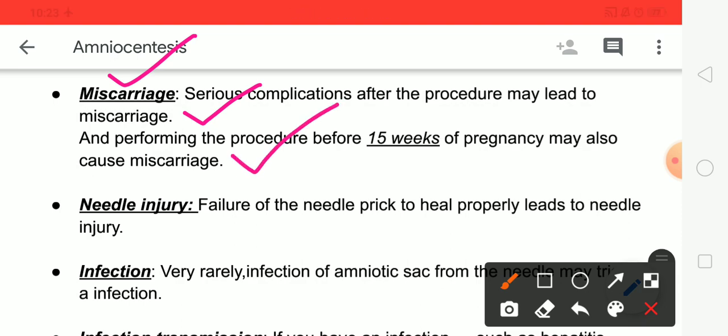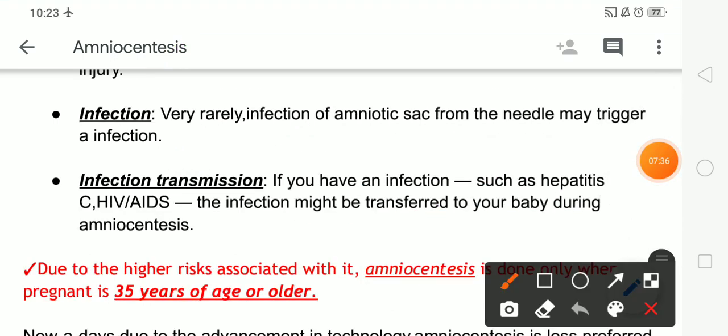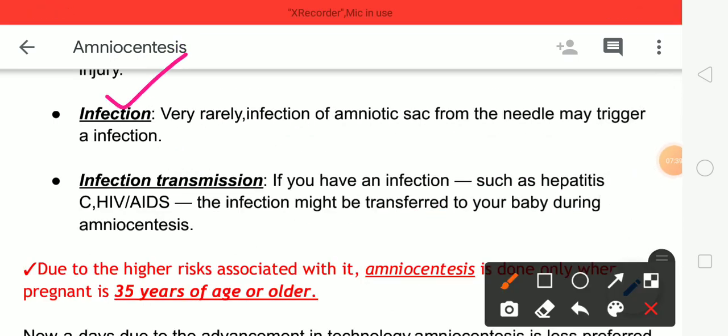Another one is needle injury. Failure of the needle prick to heal properly leads to needle injury, and it can also infect the fetus of the baby. Another one is infection. Very rarely, infection of the amniotic sac comes from the needle, and this needle may trigger an infection.